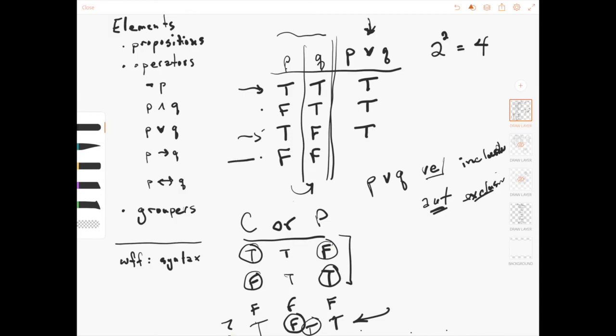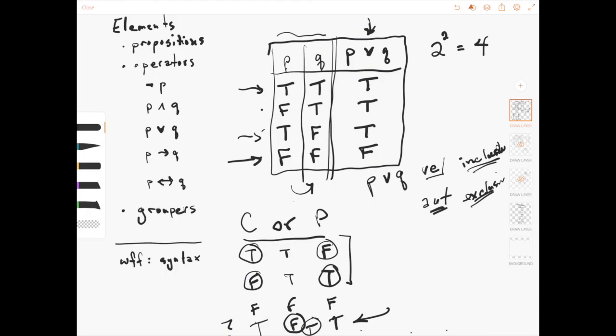And finally, if both are false, then P or Q is false. And again, this defines disjunction, which, just to remind you, we interpret as the inclusive or. Inclusive means it's a little bit more generous and it includes more true possibilities than the exclusive or.